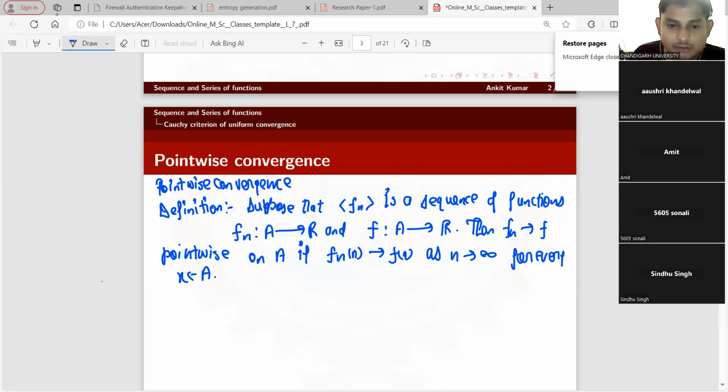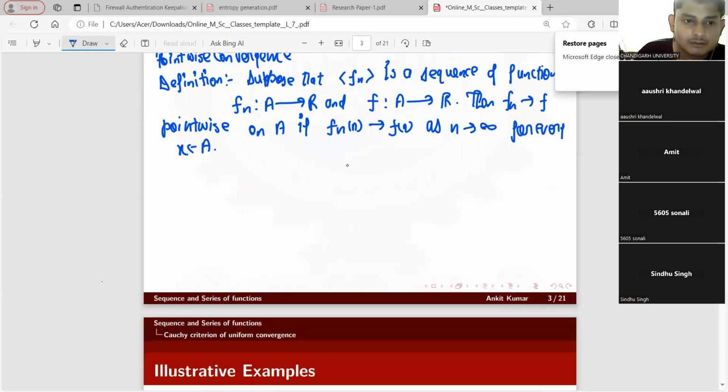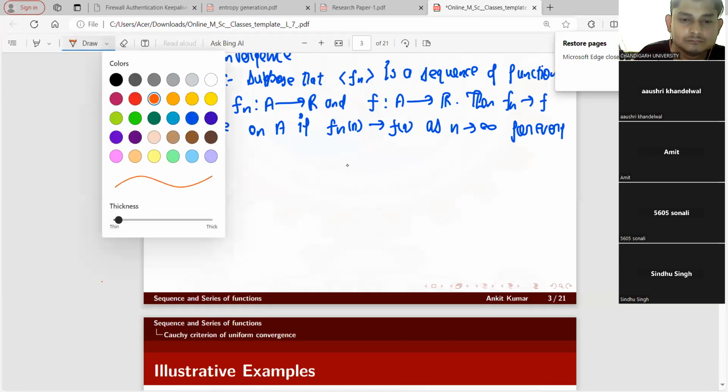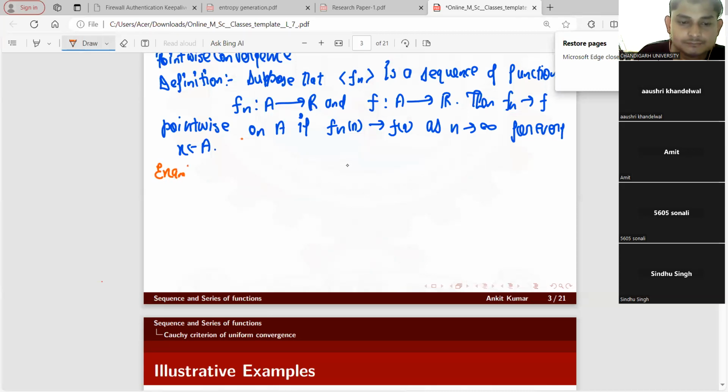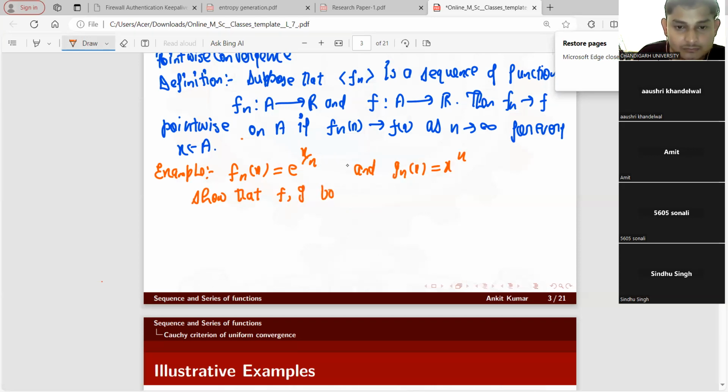So first of all, we solve two examples. The example is that Fn(x) is equal to e to the power x by n and gn(x) is equal to x to the power n, so that f, g both converge pointwise on the closed interval [0, 1].